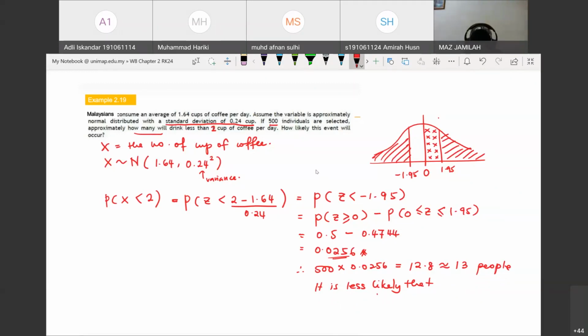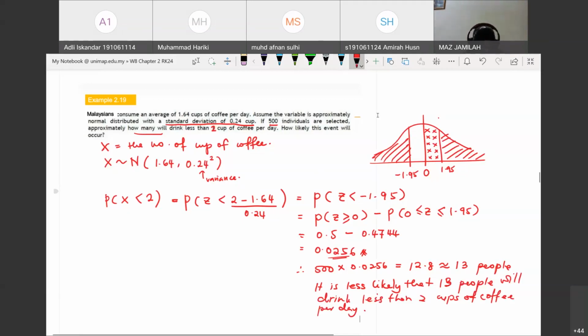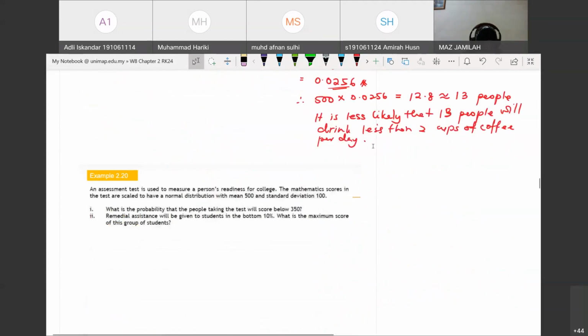If I go to be specific, it is less likely that 13 people will drink less than 2 cups of coffee per day. Okay, so that will be example 2.19.